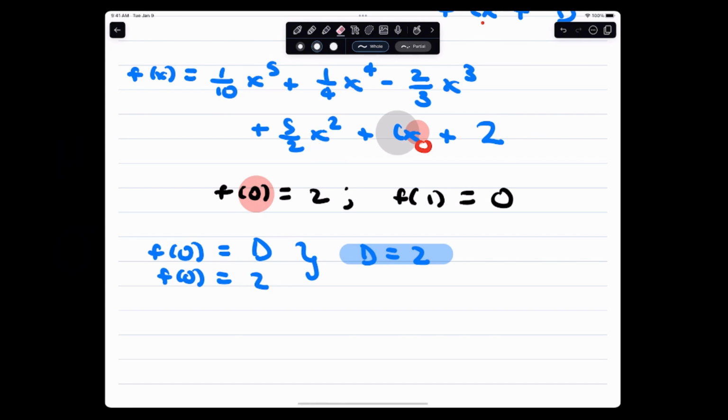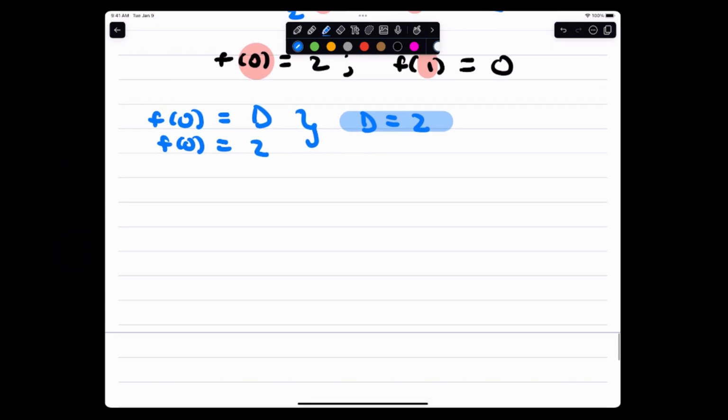So after you do the first condition, you're going to have to do now the what? Second condition. What's the second condition say? When x is 1, replace x with 1. You're going to get 0. So let's see.